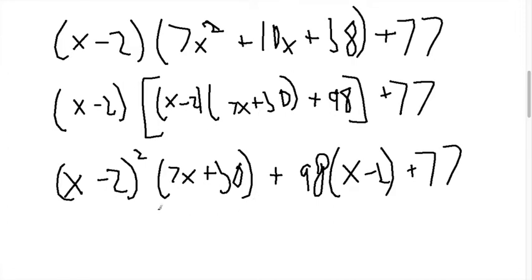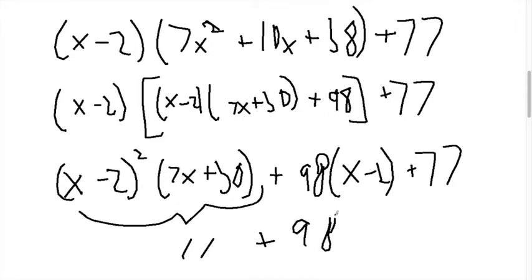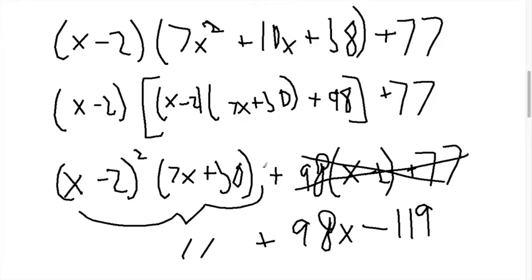Once you're here, this part just copies down, and this part simplifies further into 98x minus 119. So that's that part right here. So we are left with this plus this. And that is the simplest. That is how you Taylor expand the polynomial that was given.